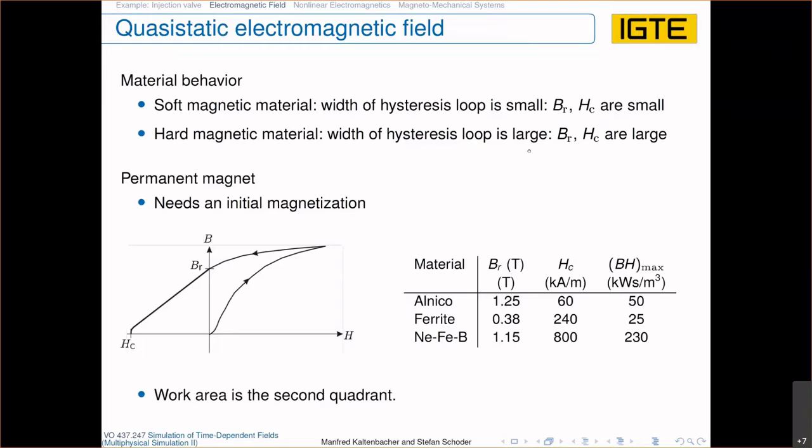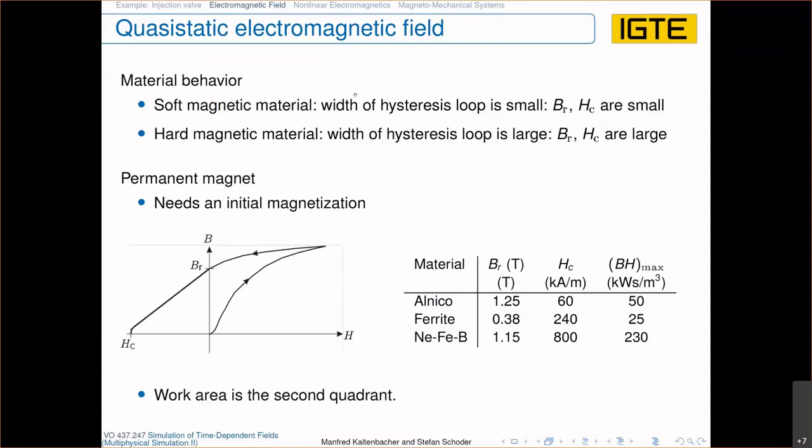And that is the curve here. You first have to magnetize this material, and as you can see, when you switch off the external magnetic field with which you magnetized the material, you end up here at BR, a remanent magnetic flux density, and that should be quite high.